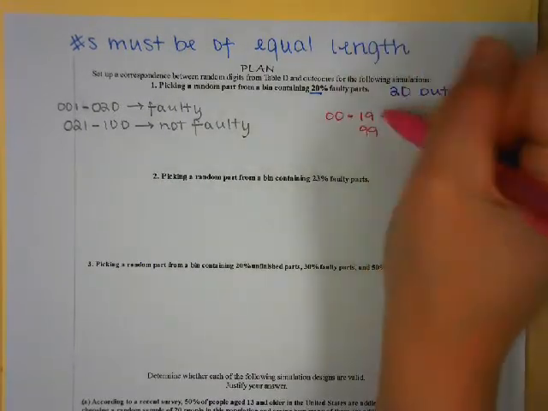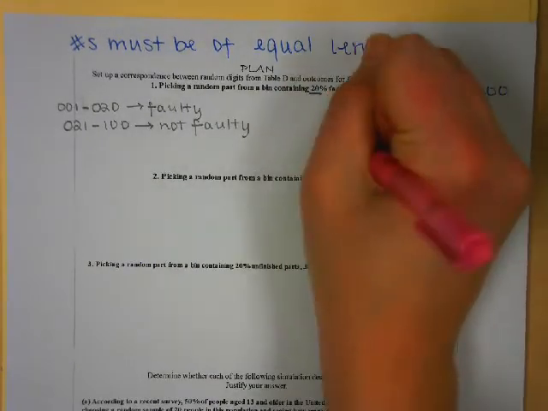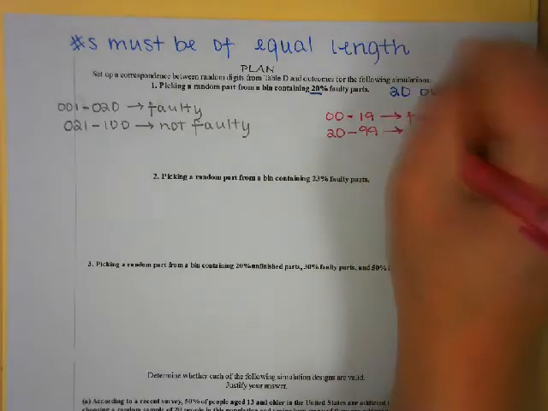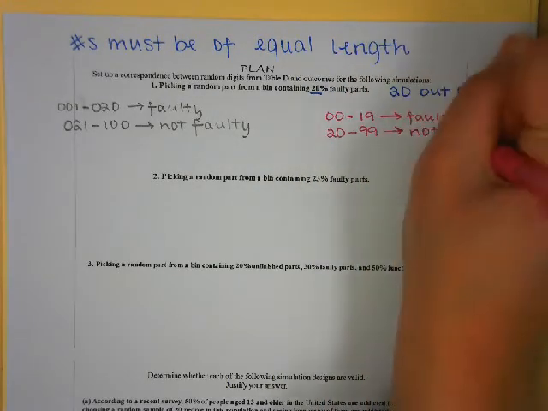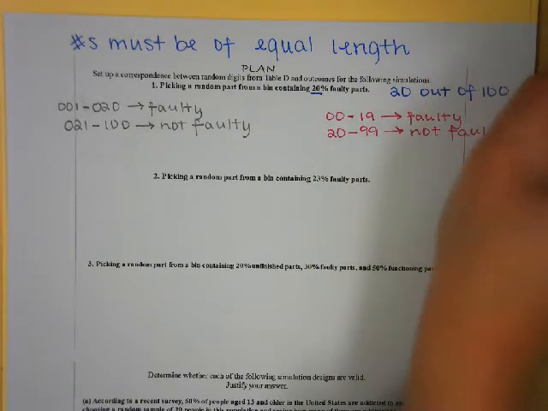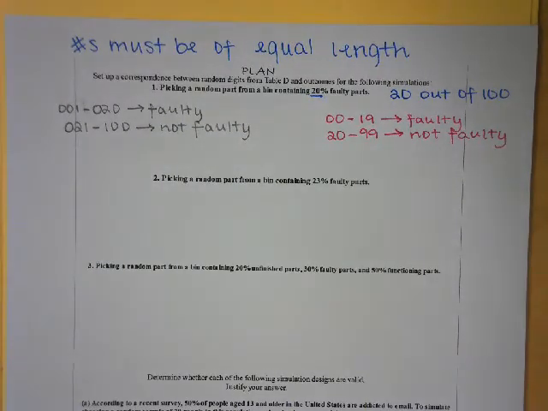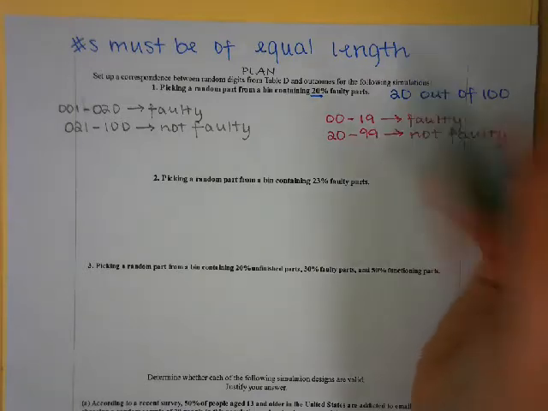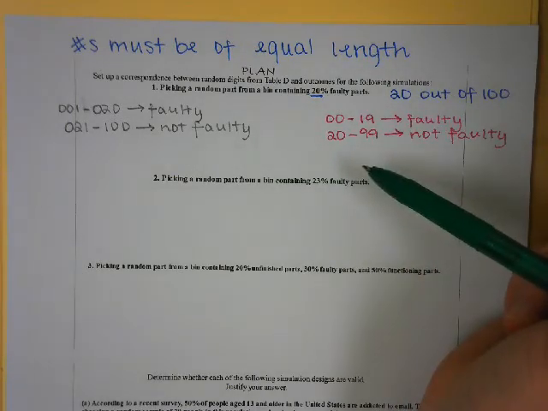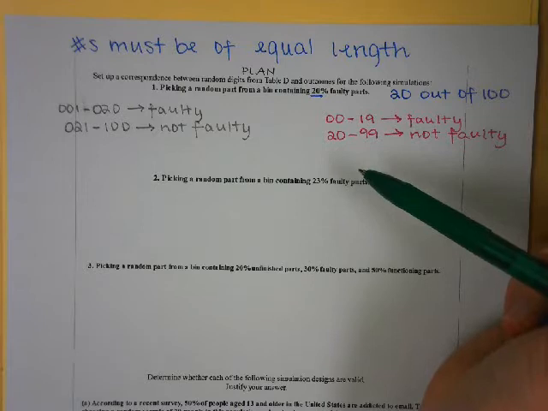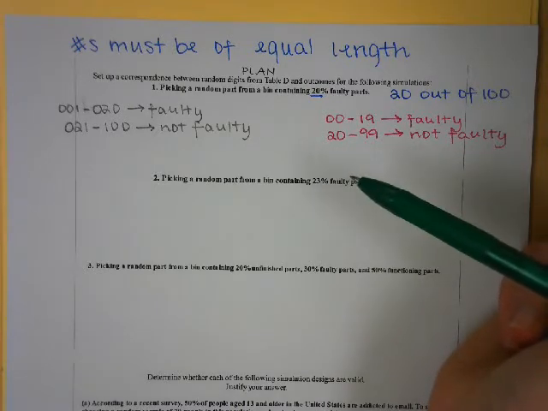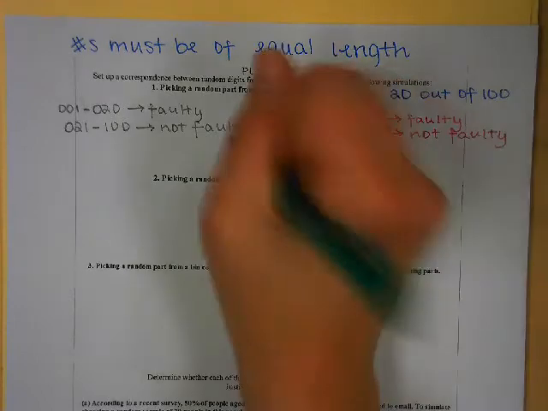So 00 through 19 are faulty, which means 20 through 99 are not faulty. And then because 20% is a pretty number, I can actually do this one out of single-digit numbers. So if I use 0 through 9, that's 10 single-digit numbers, and 20% of 10 is 2, so I would specify 2 of those numbers to mean faulty.